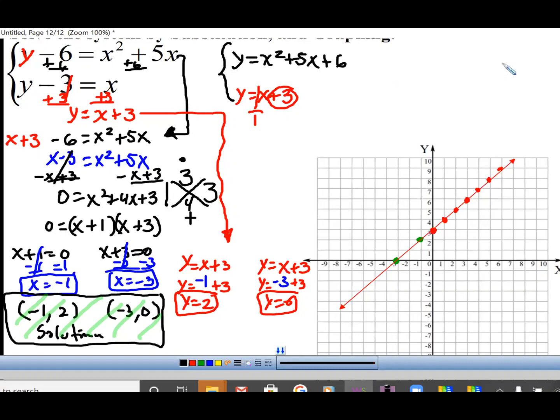So let's get a table for our quadratic equation. And by looking at these 2 points, what values are we going to use for our domain for this table? What do you think? Nathan, what values do you want to use for the domain according to what we have predicted here?